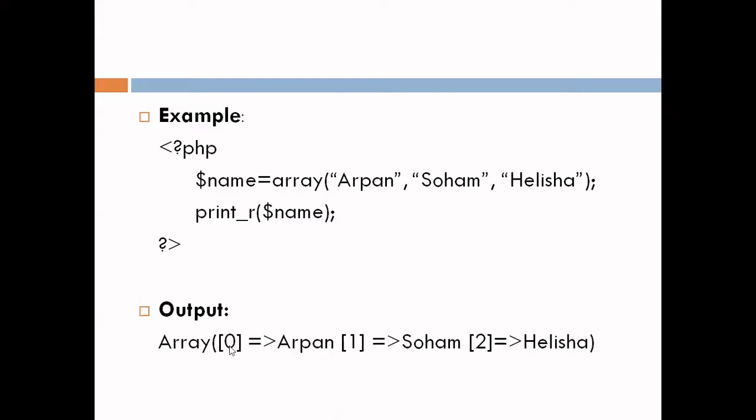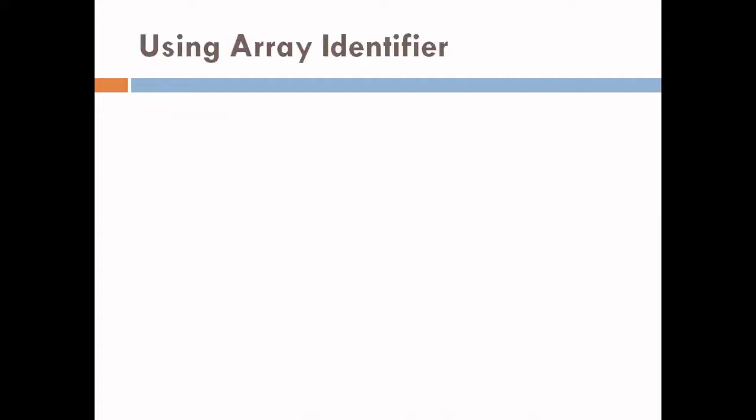So 0 is my index number, and at index number 0, Arpan will be stored. 1 => Soham, so at index number 1, the value Soham will be stored. And 2 => Elisa, which means at index number 2, Elisa will be stored. In this way, we can use an array in PHP.